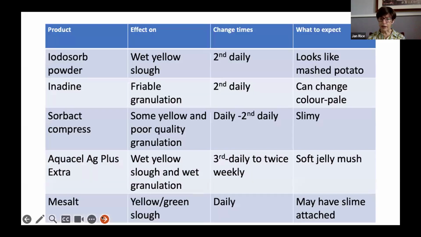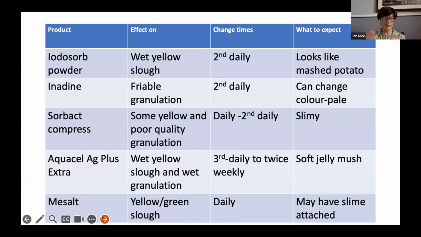What do you expect when you are using these products? It's very important to know that. So as I've mentioned, the iodosorb goes like mashed potato. The iodine loses its colour. The Sorbact draws all the microorganisms to itself, and those microorganisms get stuck on the green Sorbact.